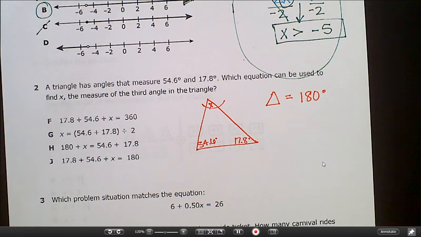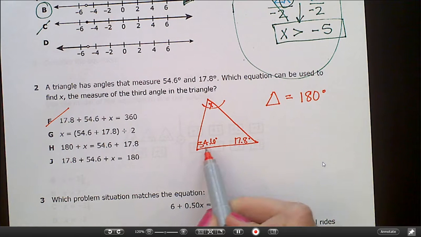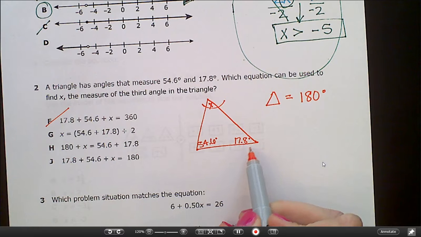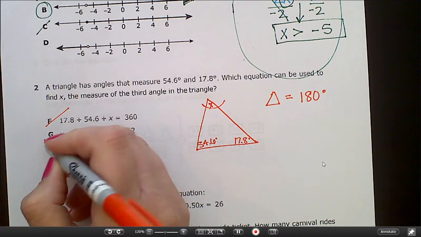So I'm going to look here. F says that it all adds up to 360. That's not true. I can get rid of F. Letter G says x equals these two angles divided by 2. Well, that's not right. That would be if I wanted to find the average of those two angles.